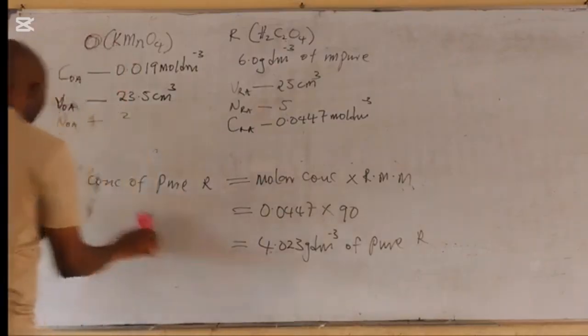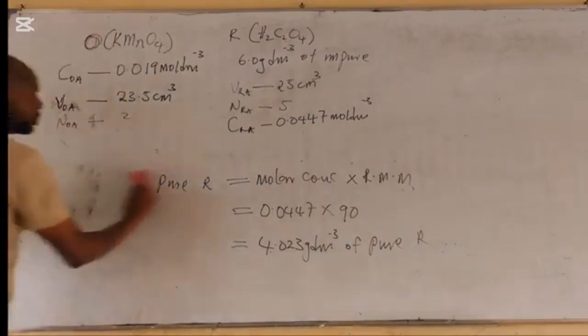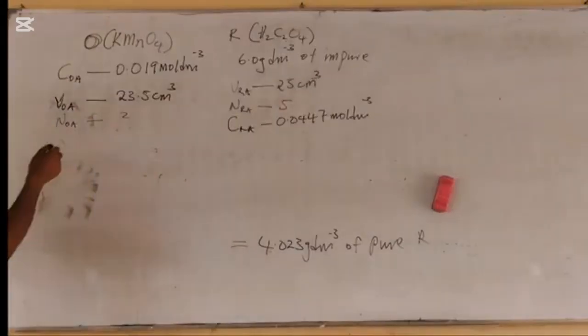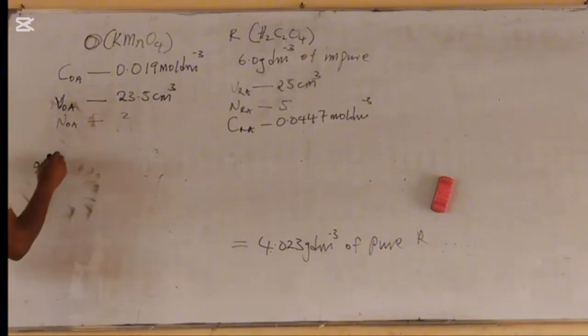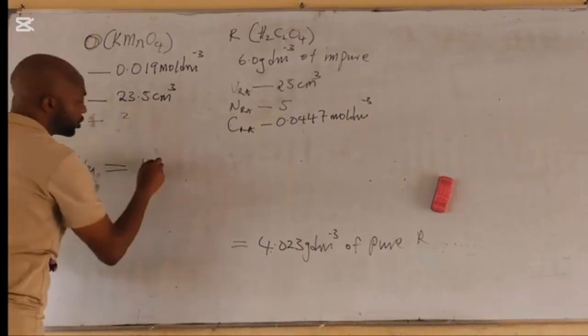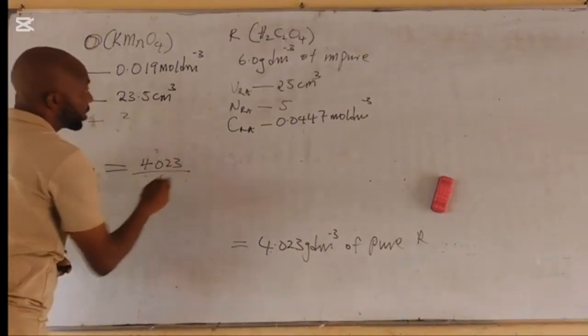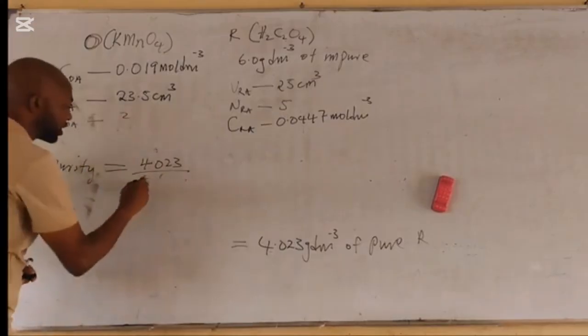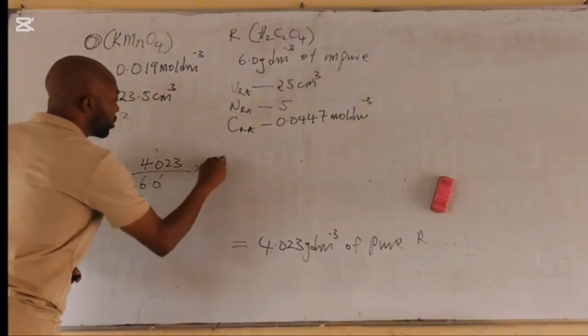So now let's go. The top one is percentage purity. Now, percentage purity, I said, is the mass count of pure, which is 4.023, over the mass count of impure, which is 6.0, times 100.